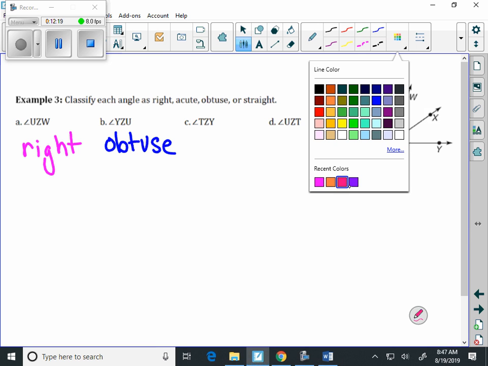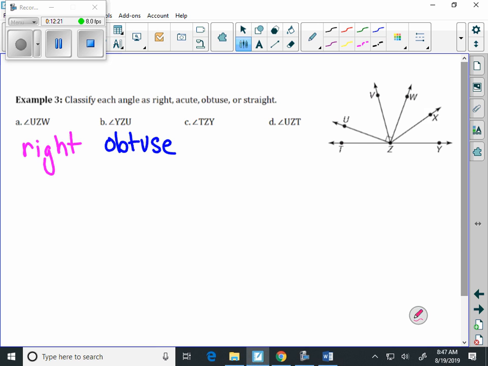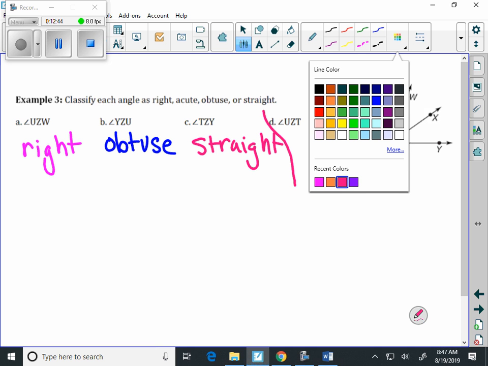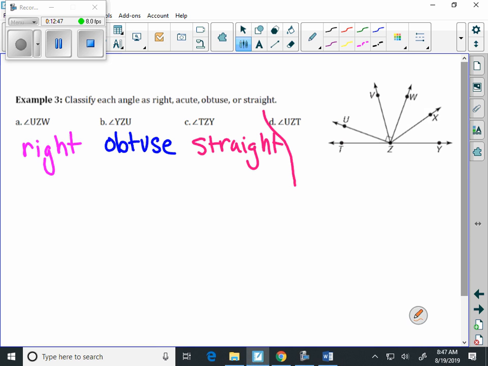The next one is T, Z, Y. Well, again, as we highlight that with our finger, or at least mentally look at that, T, Z, Y is a straight angle, which leaves us with U, Z, T, and U, Z, T happens to be acute.